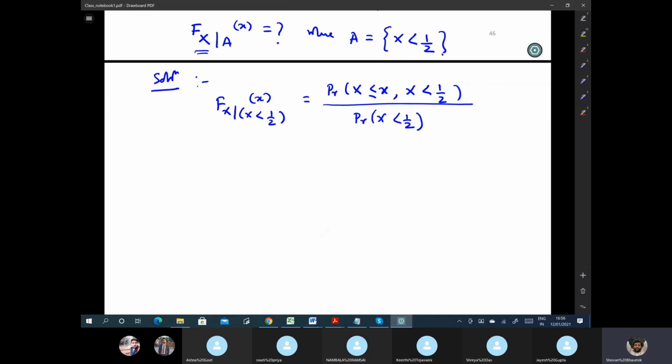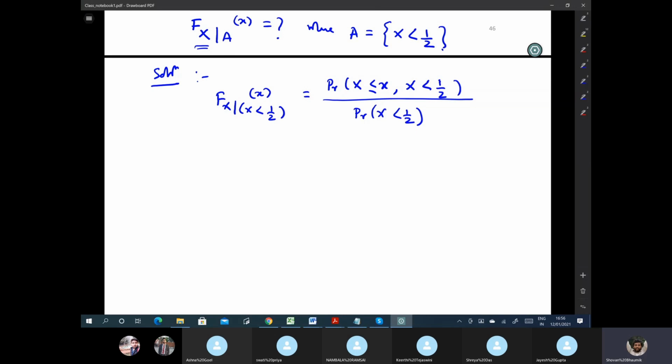So now we need to see that for x less than 0 the event has probability 0, and for 0 to half it will simply be x. Here the denominator, the probability of X less than half, will definitely be half, and the probability of X less than x up to half is x.